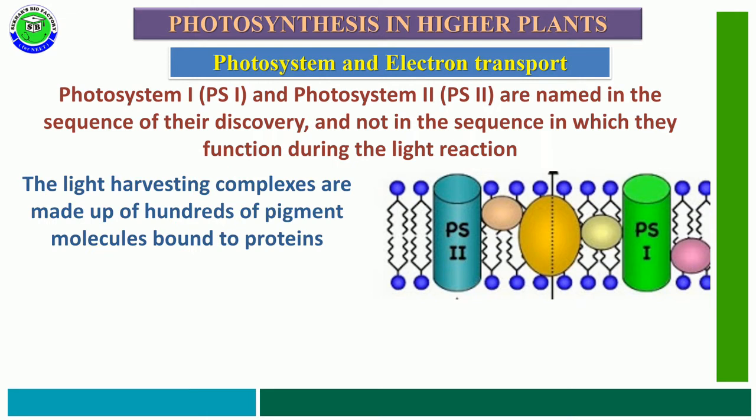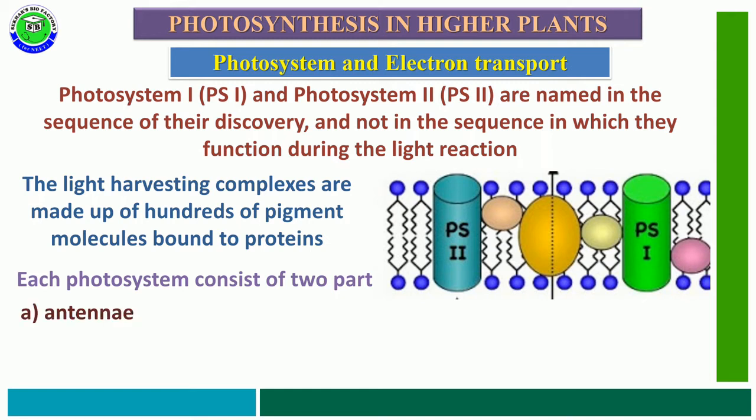The light harvesting complex present in a photosystem is made up of hundreds of pigments bound to protein molecules. Each photosystem consists of two main parts. The first part is the antennae and the second part is the reaction center.